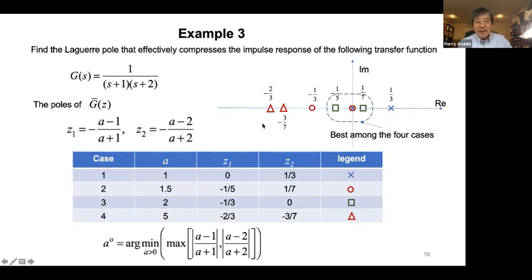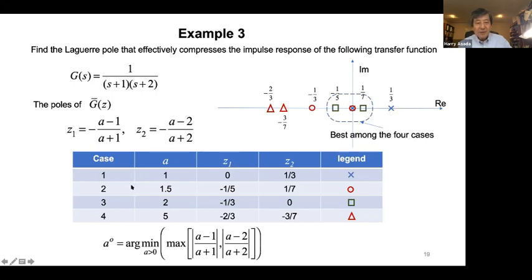So I tried out 4 cases. Case 1, I pick a equal 1, so z1 equals 0, and z2 is 1/3. These 2 points are located here, one is the origin, which is good, very quick. But the other one is sort of quick, at 1/3.